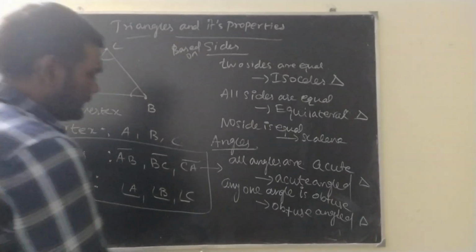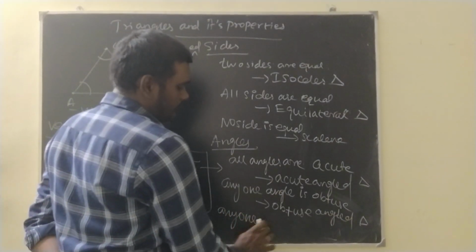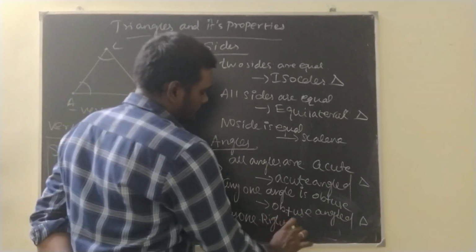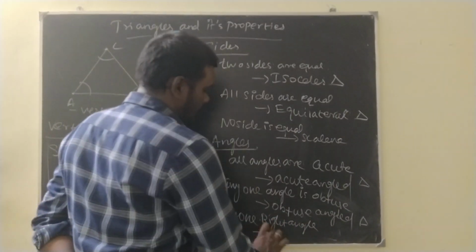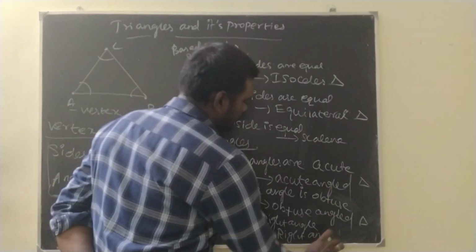If any one angle is a right angle, then that is a right angled triangle.